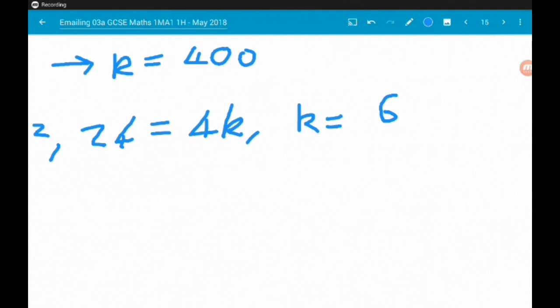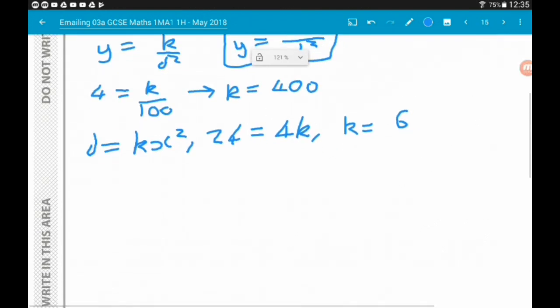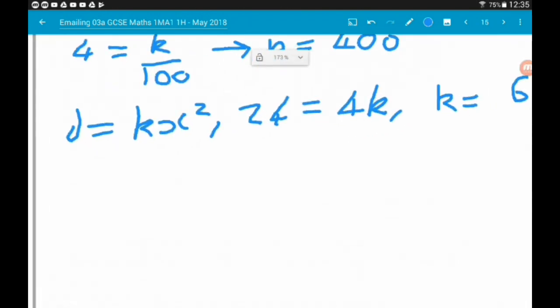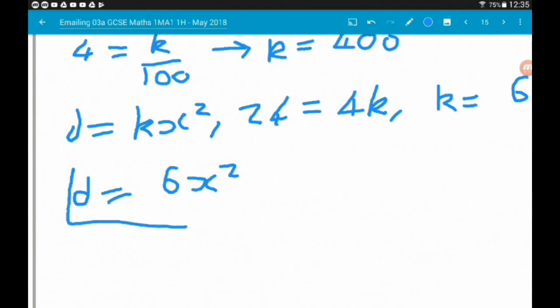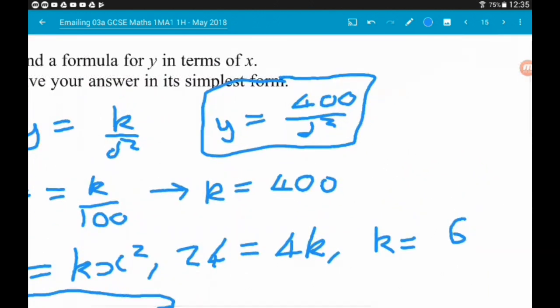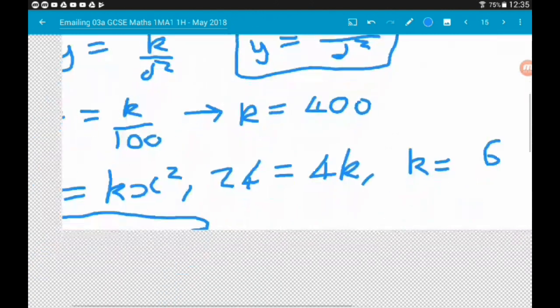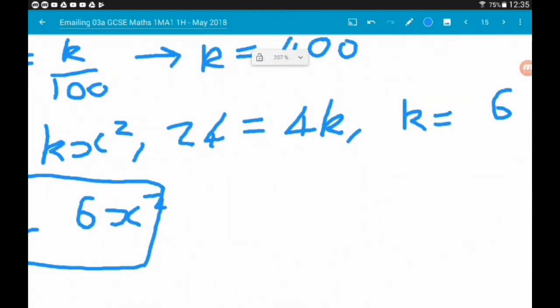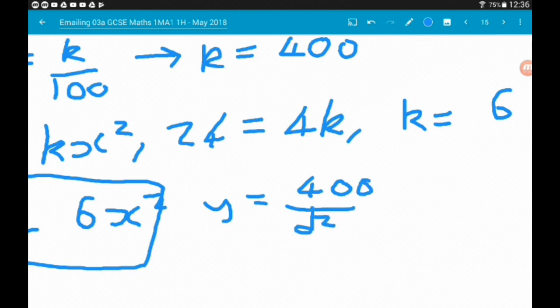So we now know the formula linking d and x squared. So we now know d is equal to 6x squared. So what we're going to do now, we're going to use this formula in the one that we worked out for y and d squared. So y is 400 over d squared.